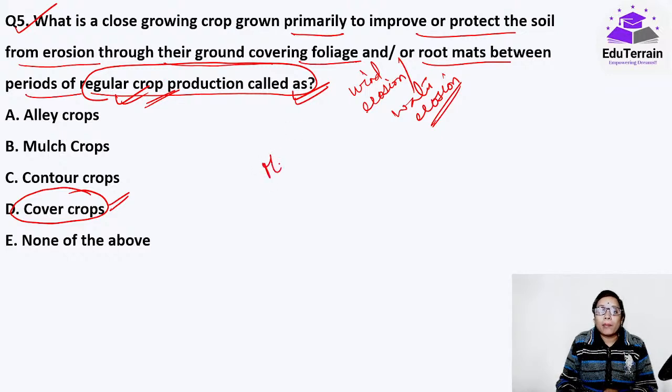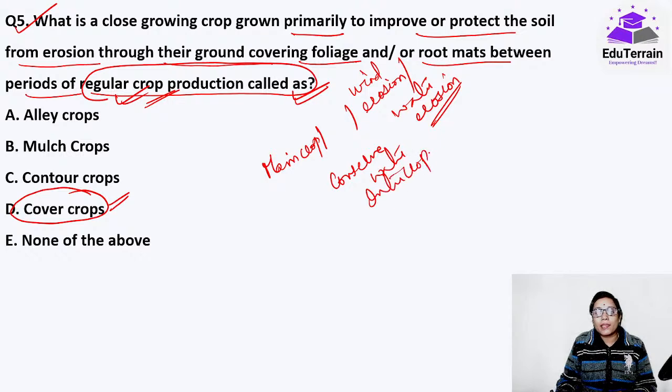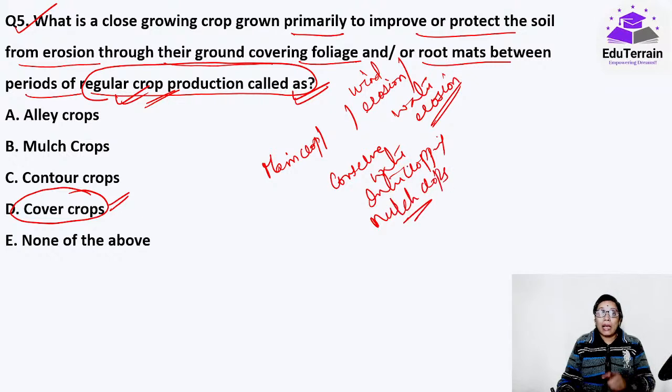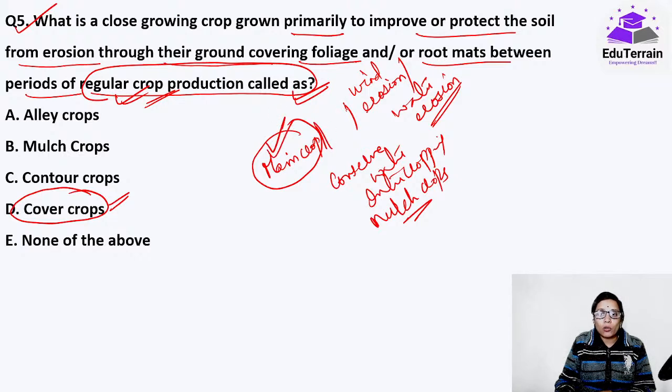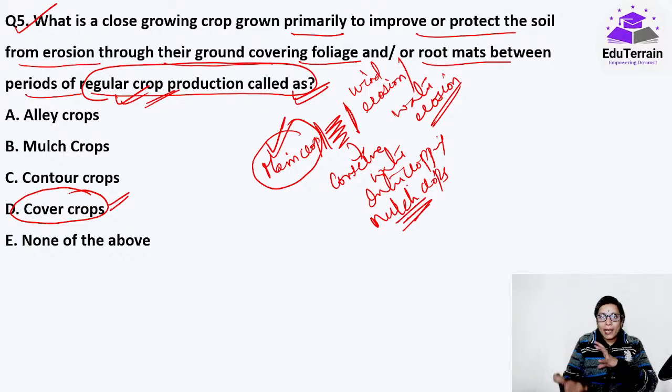If it is taken along with the regular main crop in order to conserve the water, while the main crop we are doing intercropping, then they are called as mulch crops. Okay, and the main crop is already here, in between the rows this crop is being grown for conserving water, that is mulch crops. So same crop but different utility.